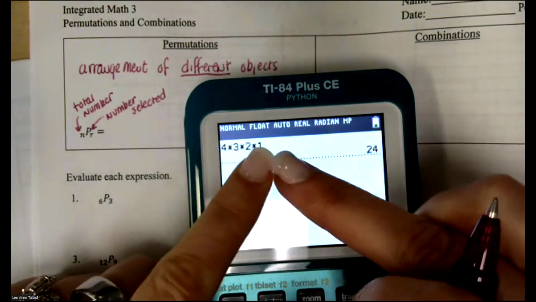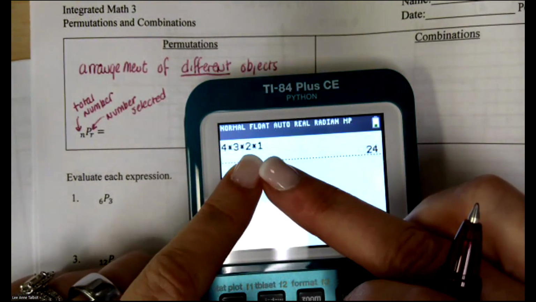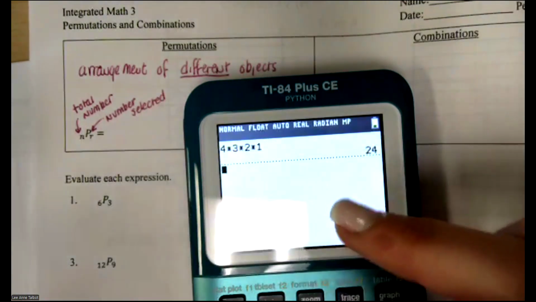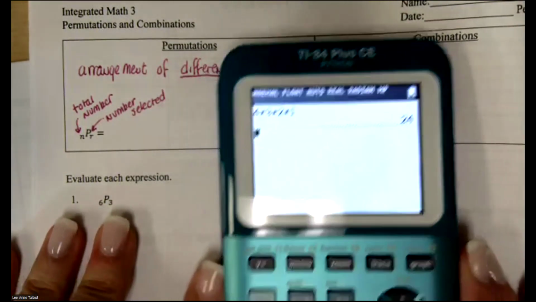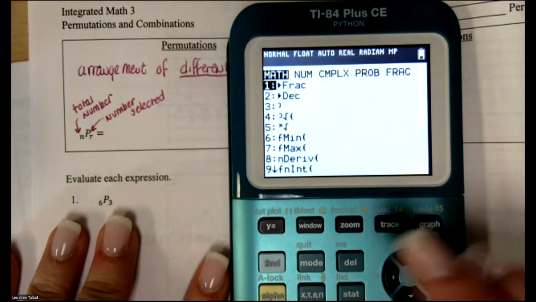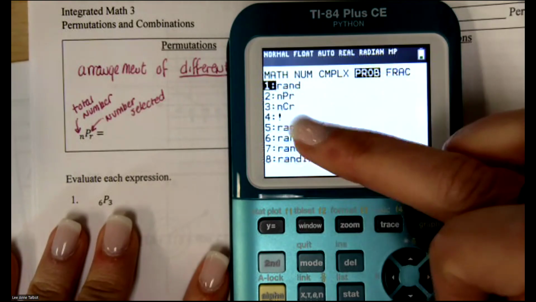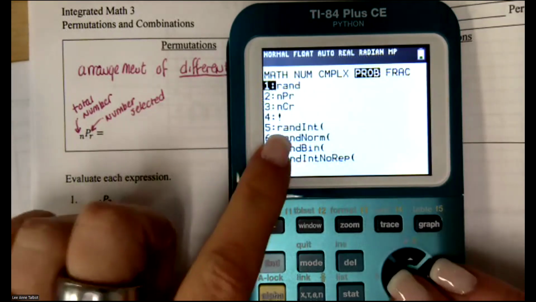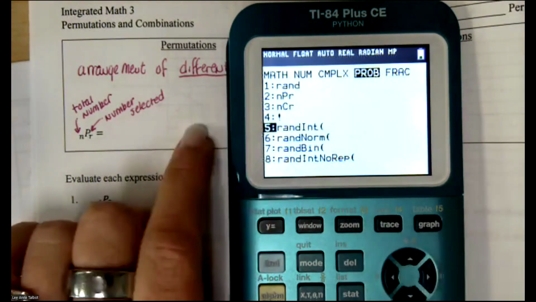So this is called a factorial. And a factorial has a symbol. It's called an exclamation mark. So 4 times 3 times 2 times 1. Notice in your calculator, do you ever wonder what this was? If you ever stumbled across it.